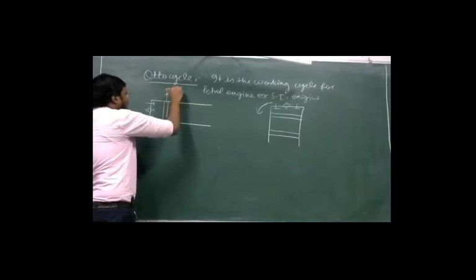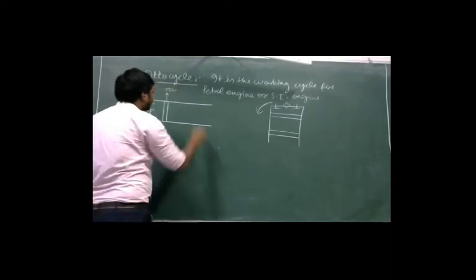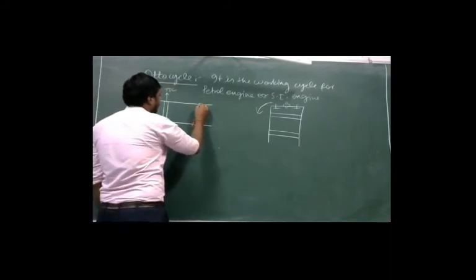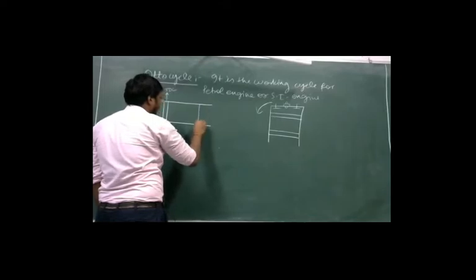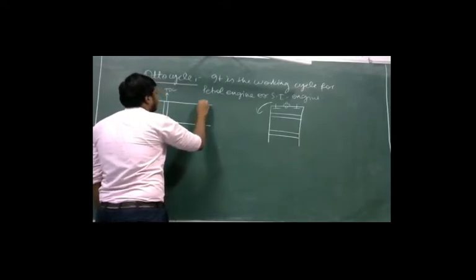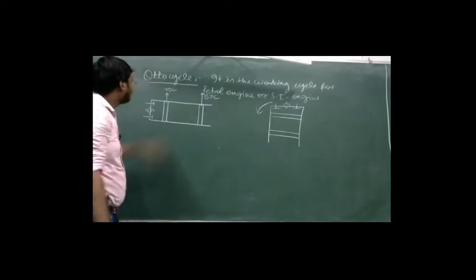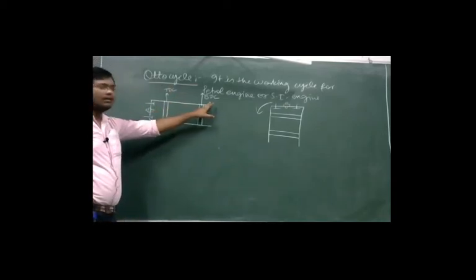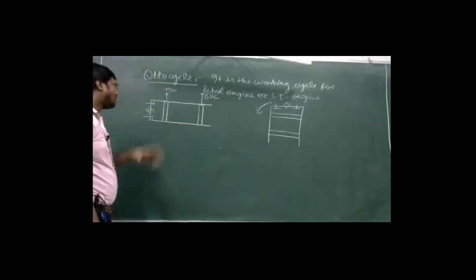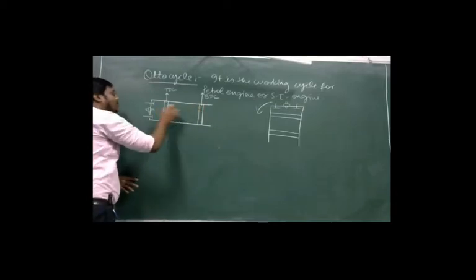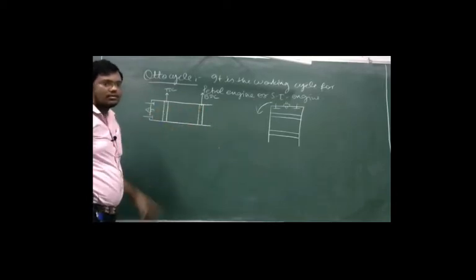And here it is the piston at BDC. So here piston is at TDC, here piston is at BDC. So piston moves from TDC to BDC or BDC to TDC in different strokes of the cycle.